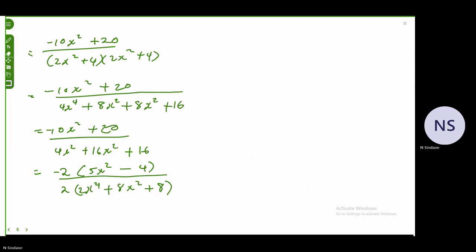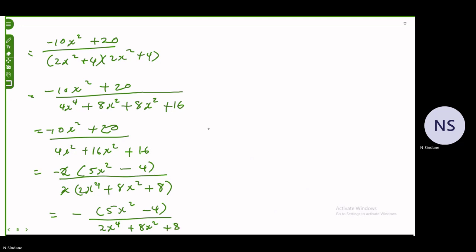Then 2 and 2 will cancel. I have my final solution as negative 5x squared minus 4, divided by x to the power 4 plus 4x squared plus 8. Right, that is my solution for this question.